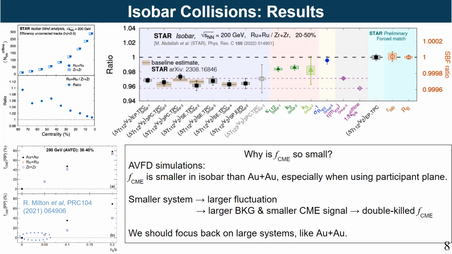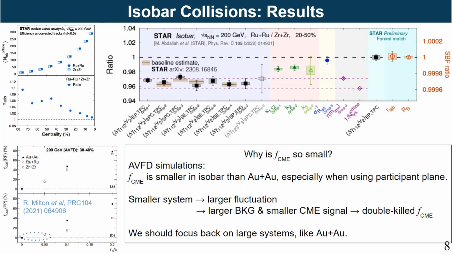The first is when you change from a large system to a smaller system, the fraction reduces. The other is when you change from reaction plane to participant plane. If you consider both factors, it's about a factor 3 or 4 reduction, changing from gold to isobar, from reaction plane to participant plane.